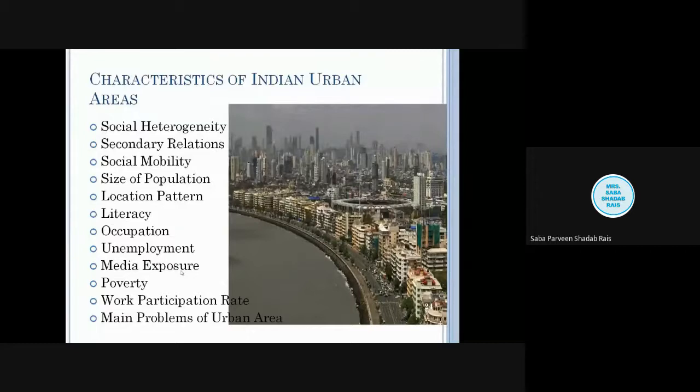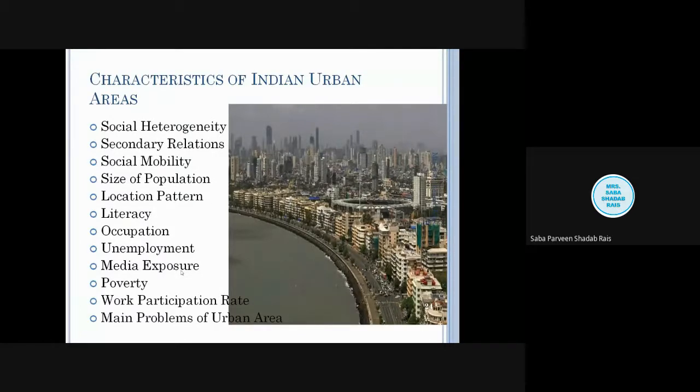Now, when we talk about income inequality between rich and poor people, some people are extremely rich, some are very poor. So there is high income inequality.